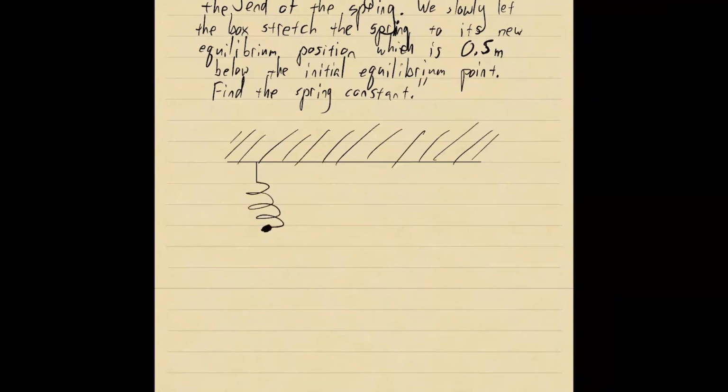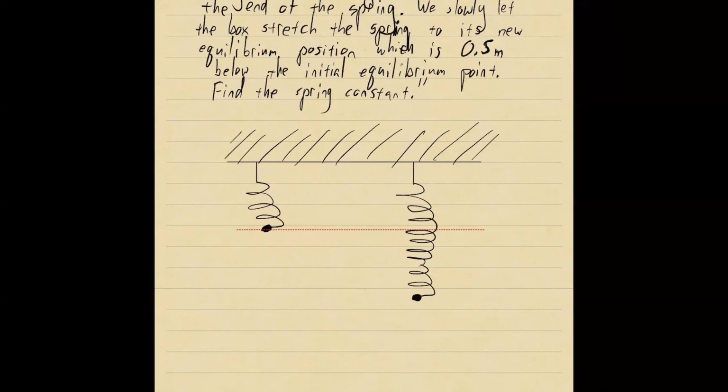And then suddenly we attach a box to it, and then we let the box stretch the spring out till it's at its new equilibrium point, right? And at neither point, here or here, is this box or this spring jiggling. So this is going to be our initial equilibrium point, and then this is going to be our final equilibrium point at that height.